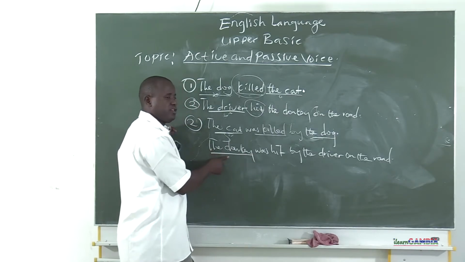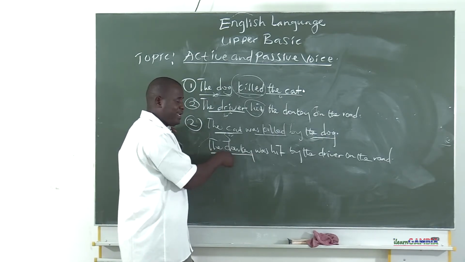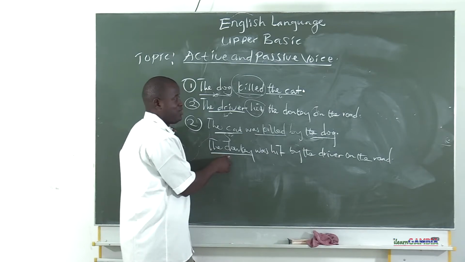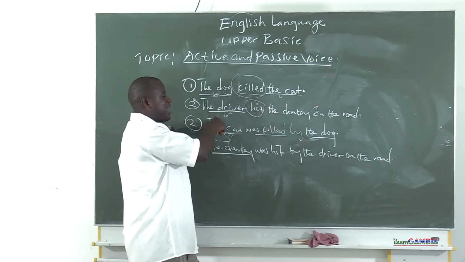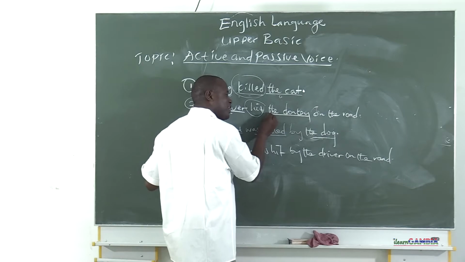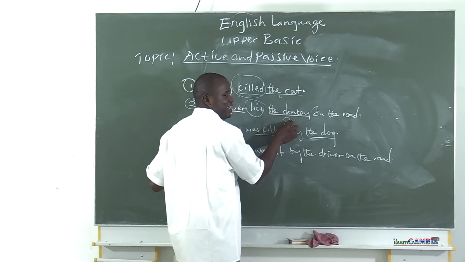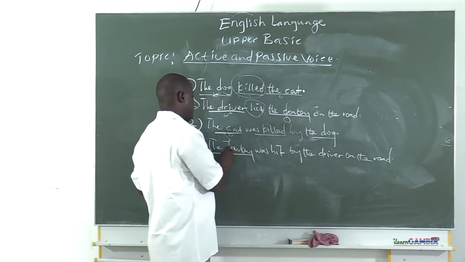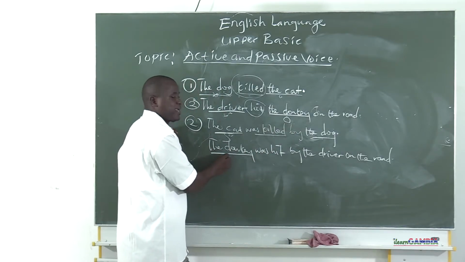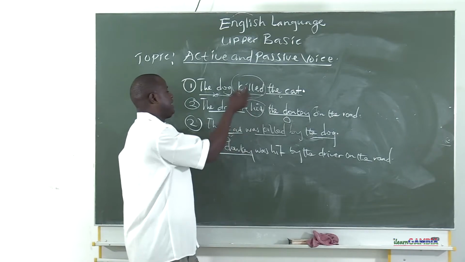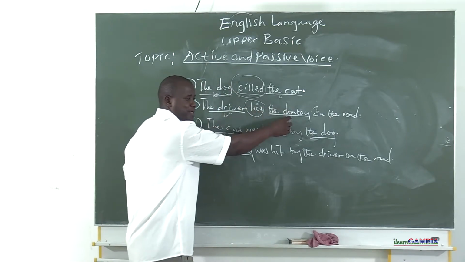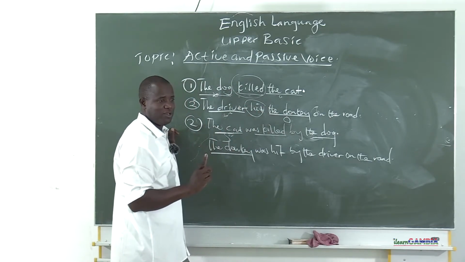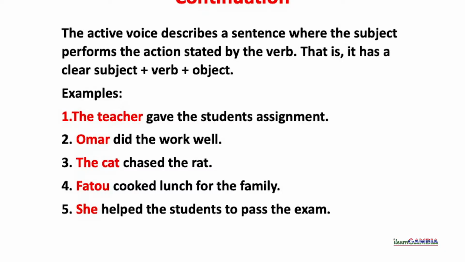The donkey, and it receives the action. But if you look at this one, the driver hit the donkey. Now donkey here is object, and it receives the action. So in a passive voice, the subject receives the action, and in an active voice, the object receives the action. So let's move on. We look at more examples.